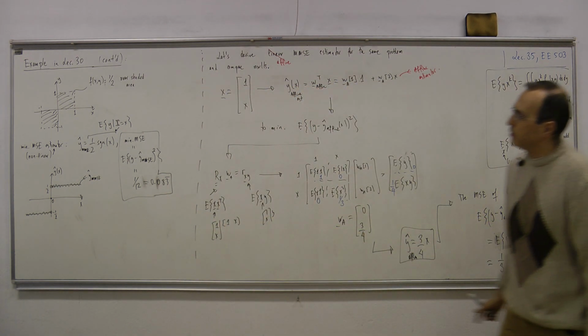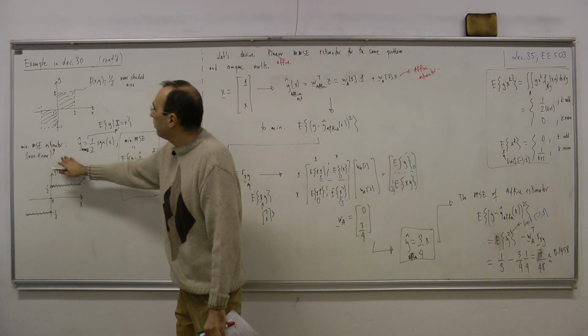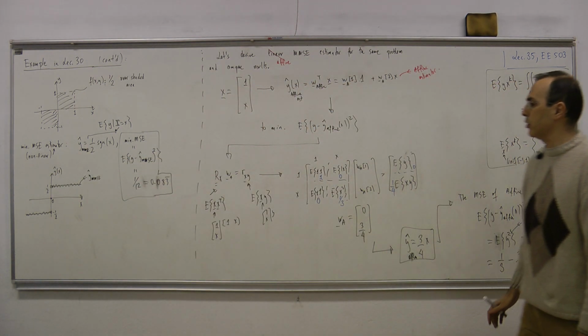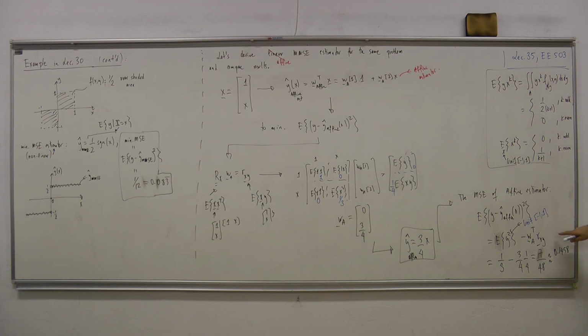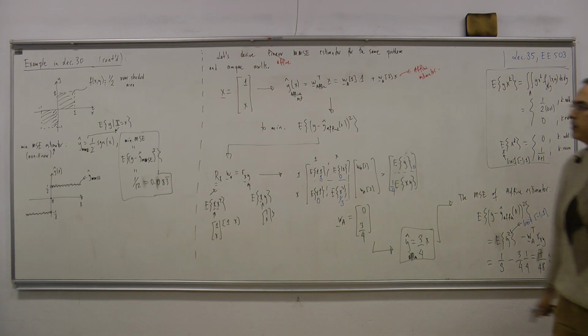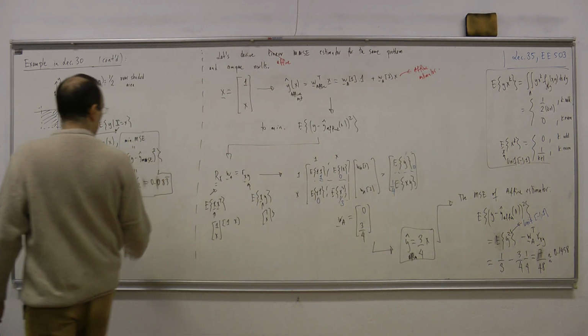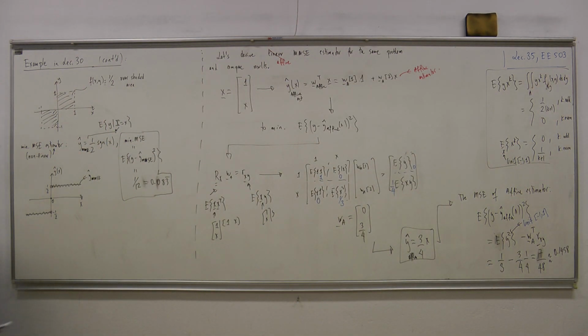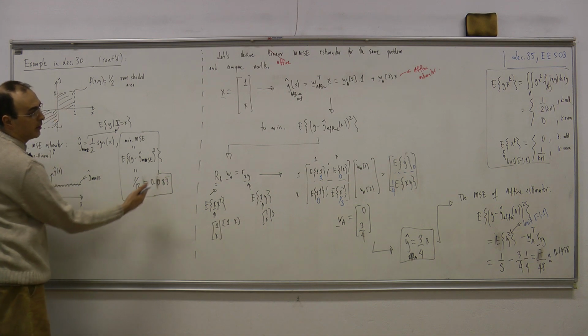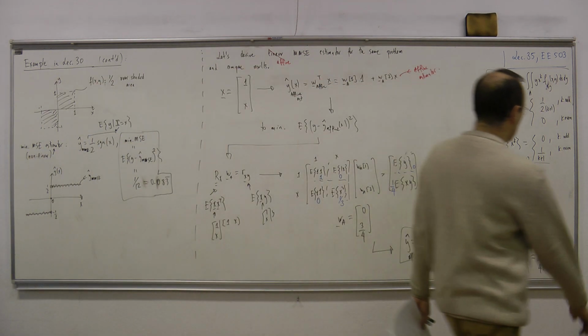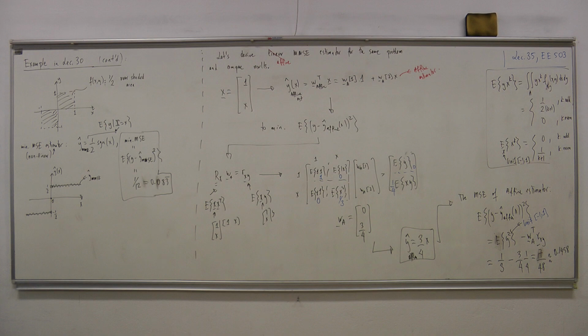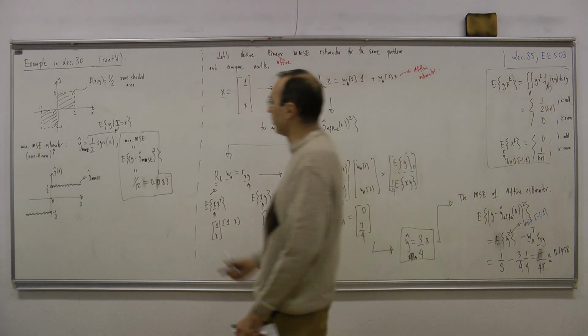So as you see, this is the best estimator in the family of all nonlinear functions, including affine functions. If I restrict my consideration to the affine functions, this is the error that I will get. And as you see, this is much smaller than that. Okay. So this is like 8 percent, this is like 14.5% of a unit.